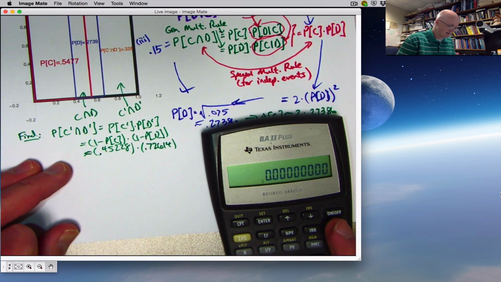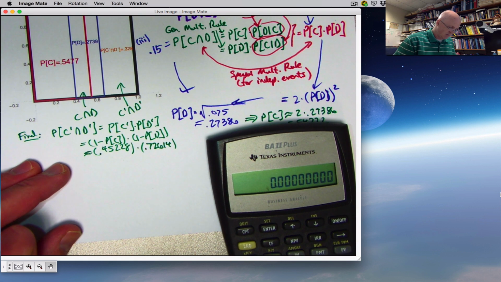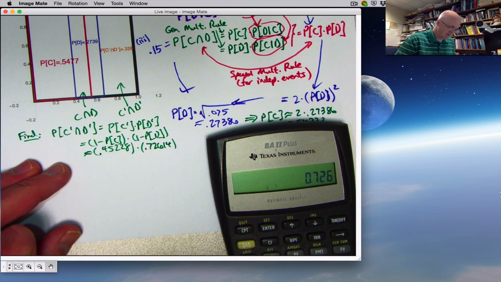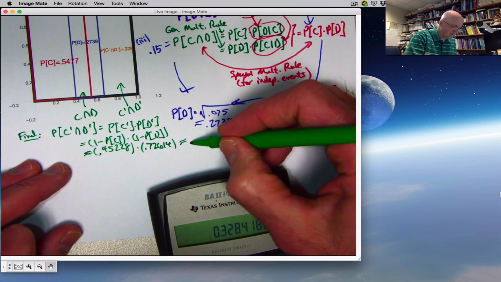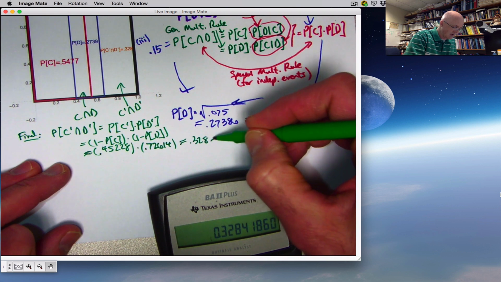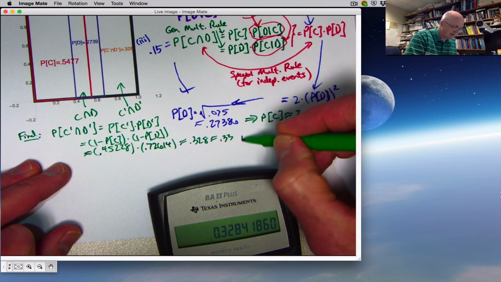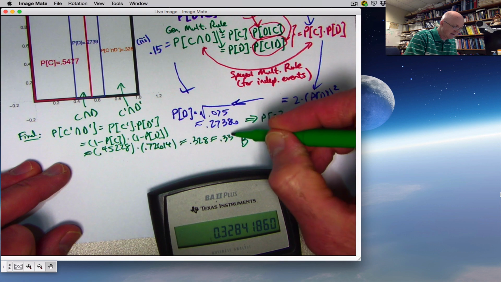I use the calculator to get the final answer. 0.45228 times 0.72614, about 0.328, which rounds to about 0.33, which is answer B in the sample exam.